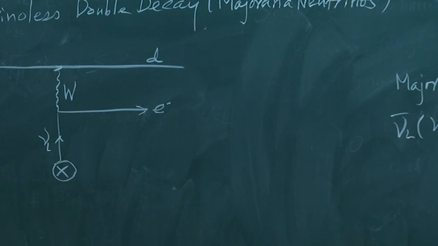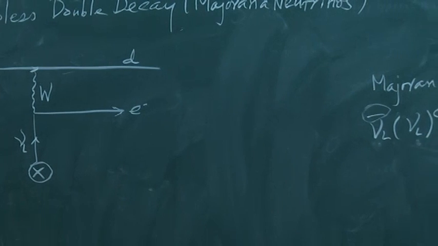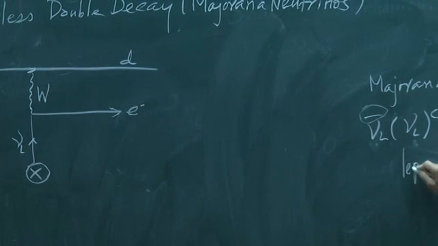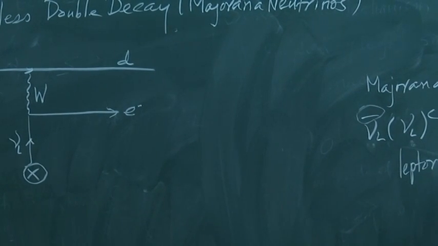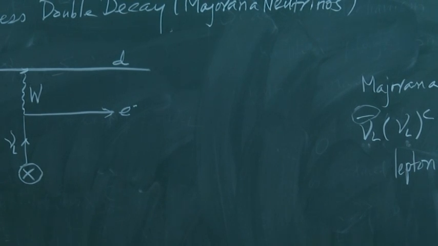Anyway, they both involve this psi bar and nu bar here. So this one violates electron number by 2 units.